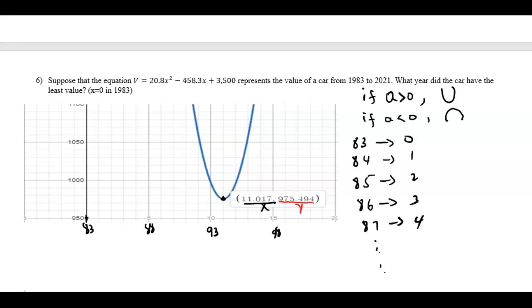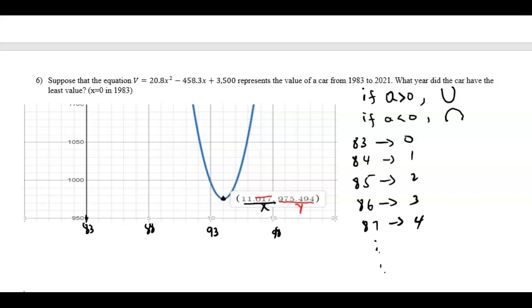So we cannot have 11.017. So we're just gonna say year 11. Forget about this. We're gonna say year 11. Now, once I know it's year 11, well, if 1983 is year 0, then for year 11 I have to do 1983 plus 11.